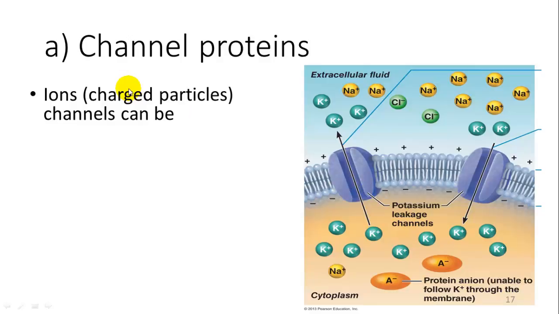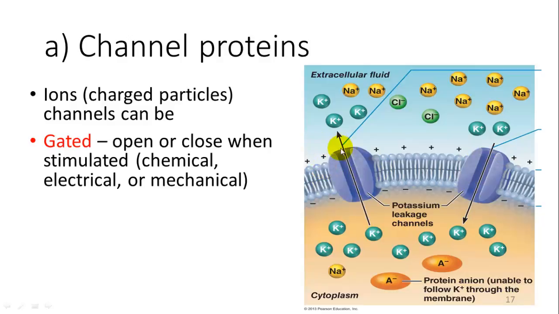Now, there are lots of different types of channel proteins. Ions are small charged particles, charged elements dissolved in solution, and they usually have specific channels they can go through.